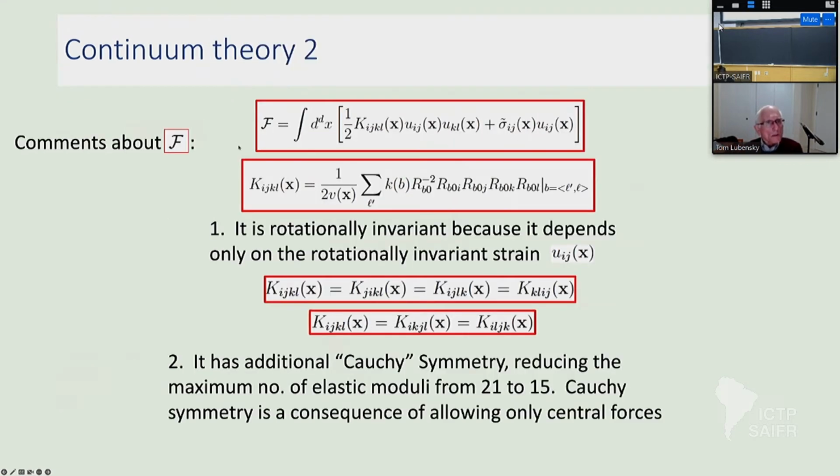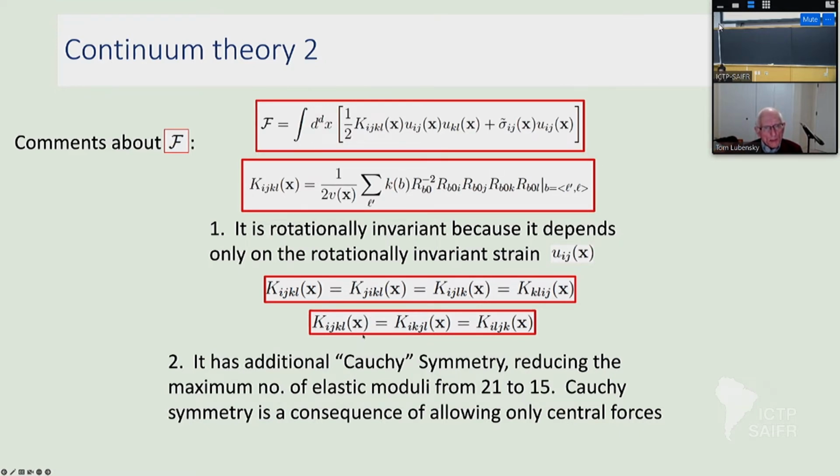Okay, so Continuum Theory Two, this is a repeat of what we just had. One, this is rotationally invariant because the energy depends only on the nonlinear u_ij(x). What we found was that K_ijkl obeyed all of these changes in the indices, and there's an equality between these.